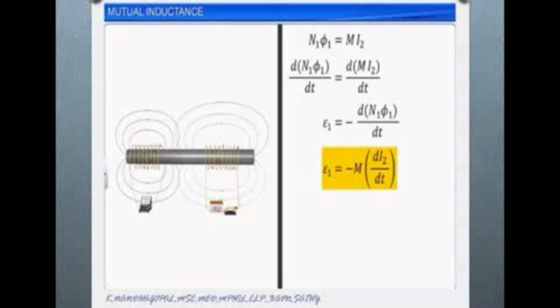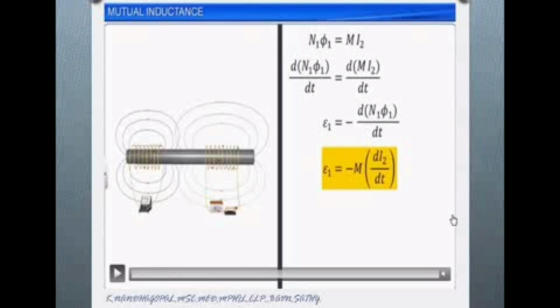So here E1 equal to minus M into dI2 by dt from that equation. Like that you can derive the self inductance also. So you can calculate the Henry from mutual inductance or self inductance. E1 equal to minus M into dI2 by dt. So these are the equations of mutual inductance.